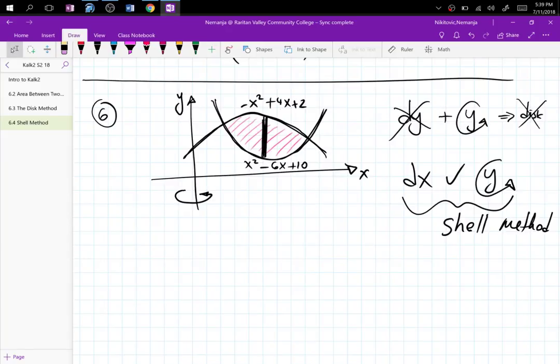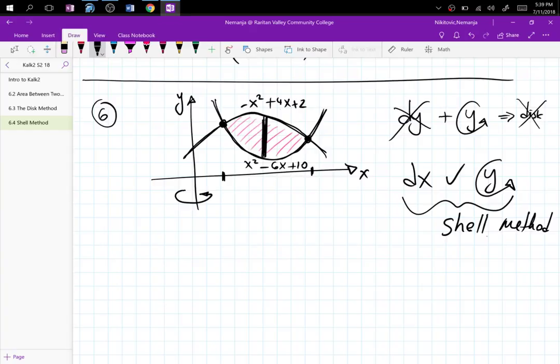Now, I see that I need the limits of integration. The limits of integration are given in a book, but I want to one more time stress that if the limits are not given to you and the functions intersect, set the two equations equal to each other and solve. Values that you get will be the limits of integration because those will be these numbers here that bound left and right.